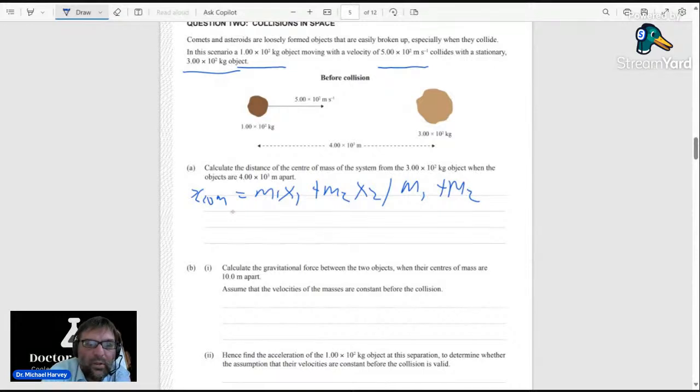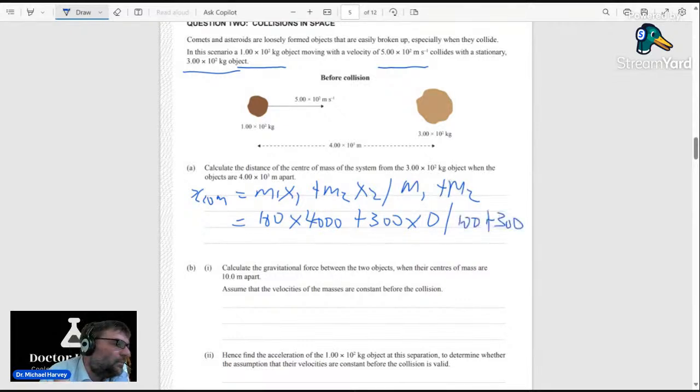Plugging in the numbers: 100 times 4,000, plus 300 times 0, which is quite lucky, divided by 100 plus 300. If you get your calculator out and do the calculation, you get a center of mass of 1,000 meters. And that gets you an achieved. Simple.